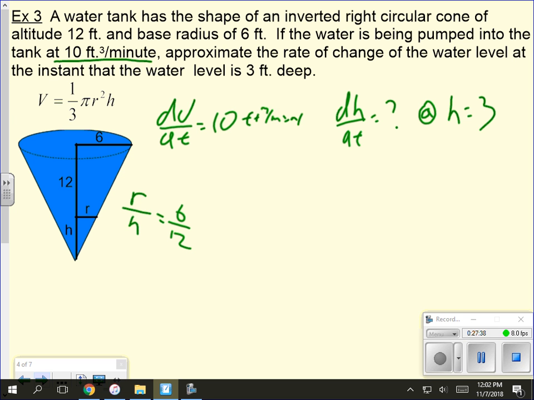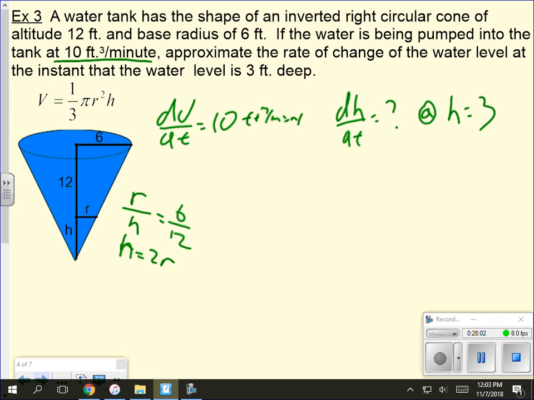Okay. And I can solve this and figure out that the height is always twice the radius. Cross multiply, solve for H, and the height is always twice as big as the radius. Always. No matter how deep it is, it's always twice.